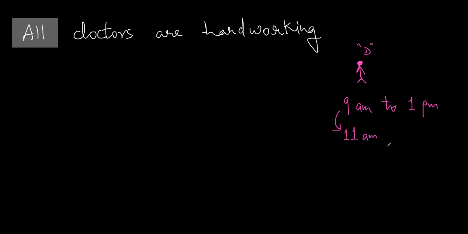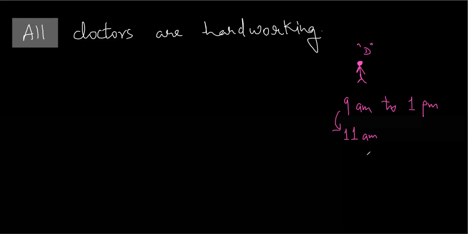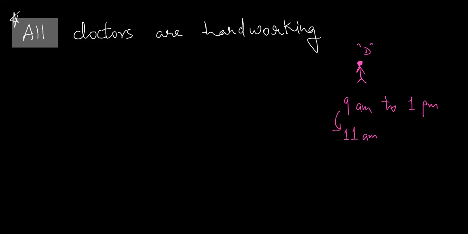Even after coming, he is not punctual in his work. He is sluggish, lazy. So the moment you come to know about this doctor, you understand that you can contradict this statement. How do you contradict?